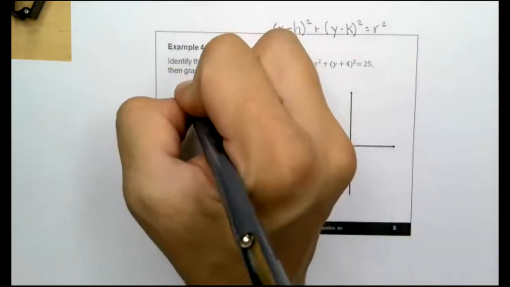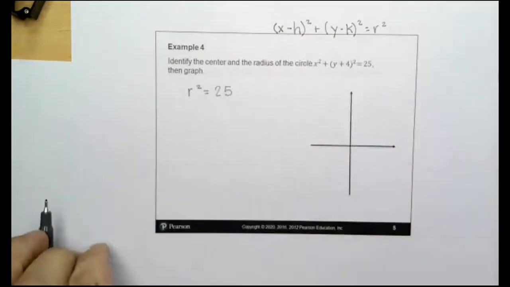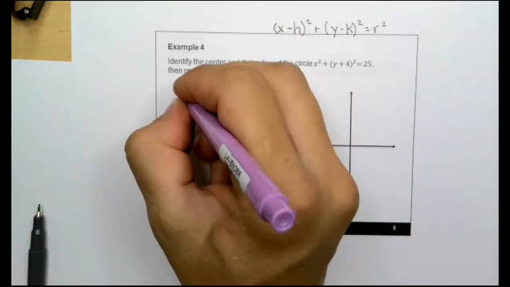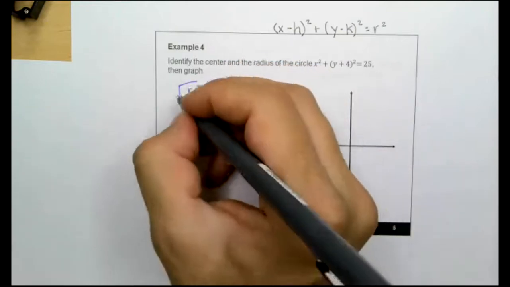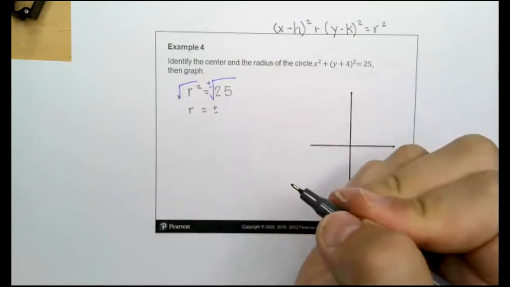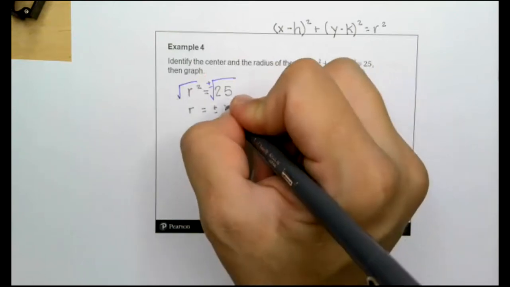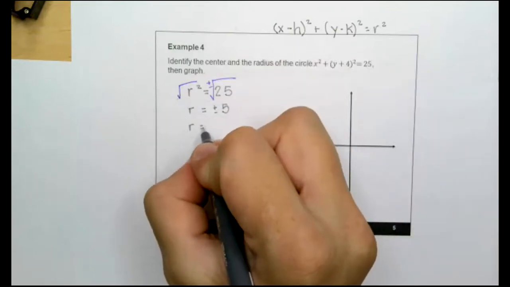So I know r squared is 25. We know what to do with that, right? The square root of r squared just says r is plus or minus. The square root of 25 is 5, right? But because a distance can't be negative, we just say r is 5.